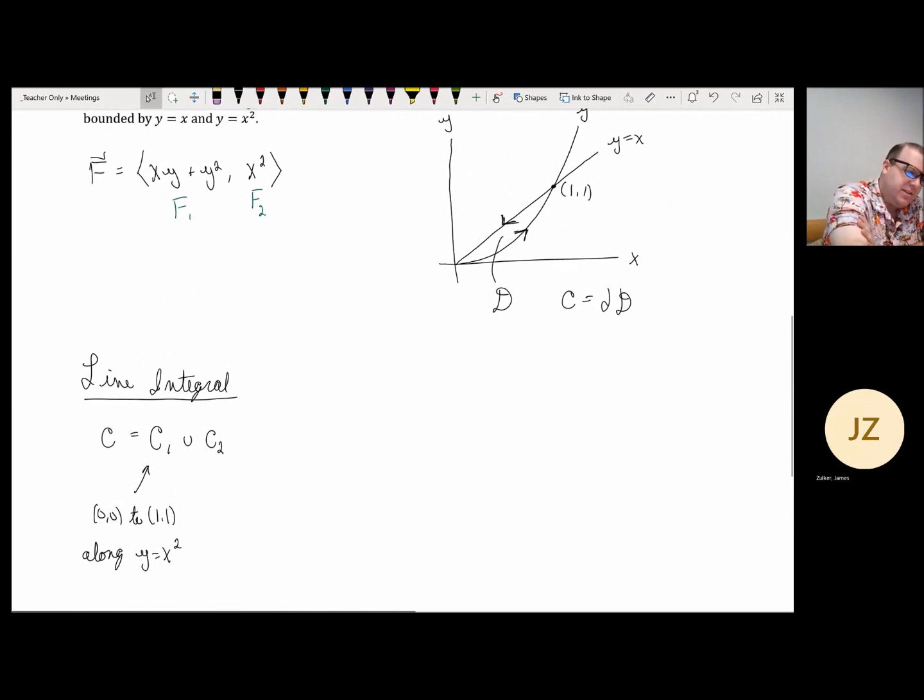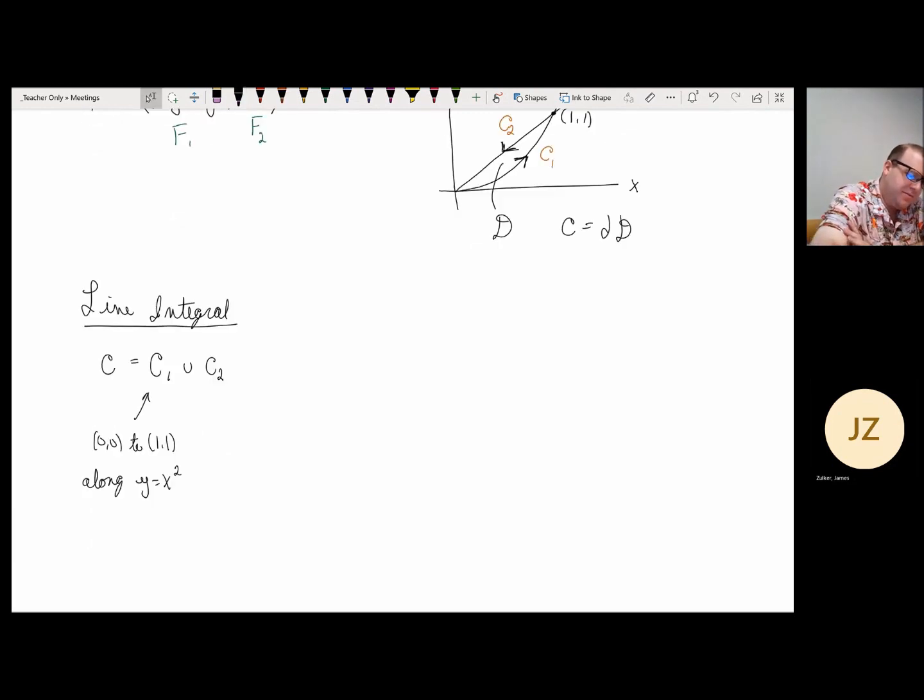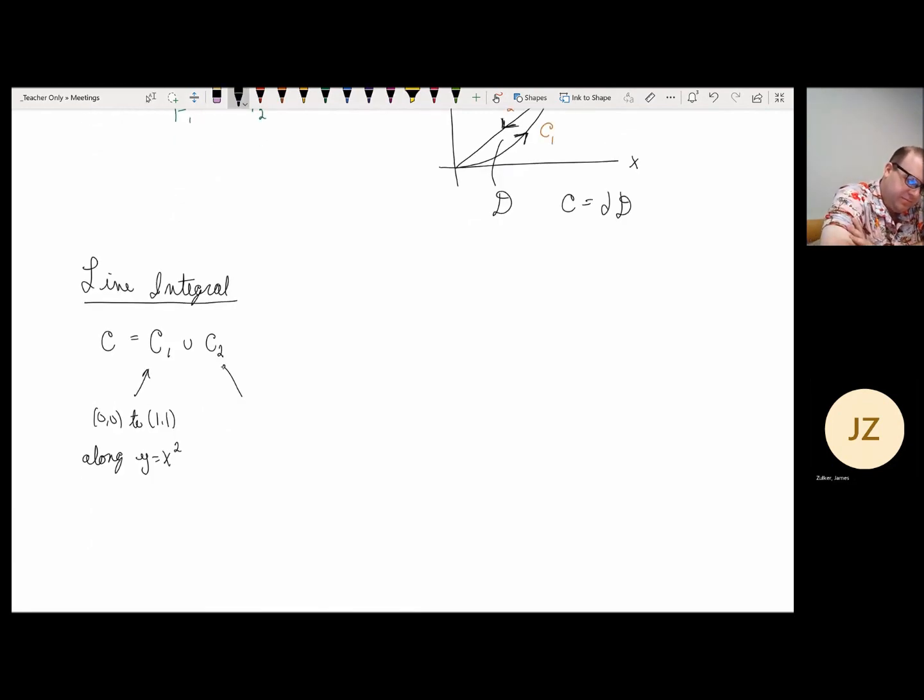Right, so that is that branch there. Call this then obviously C2. All right, so that's the path 1, 1 to 0, 0 along y equals x.